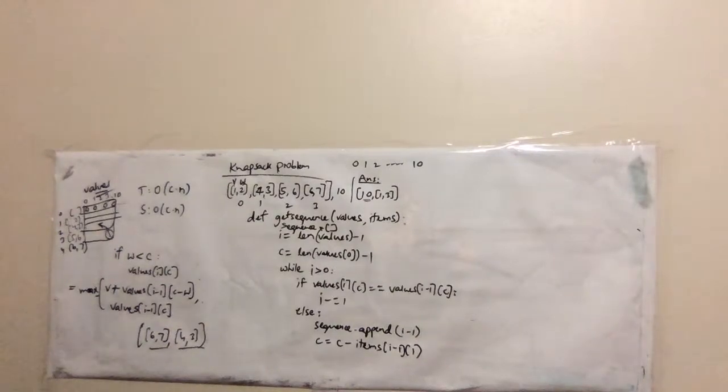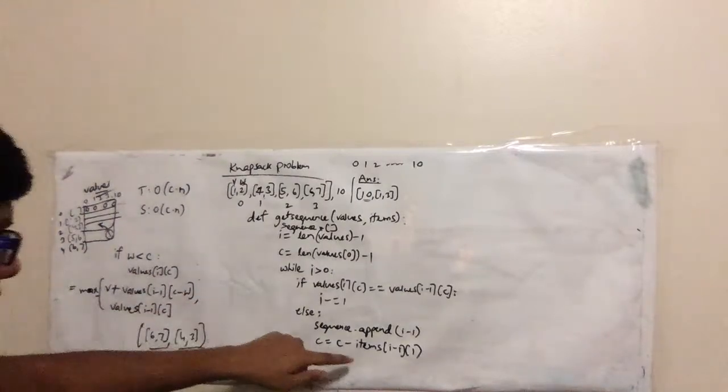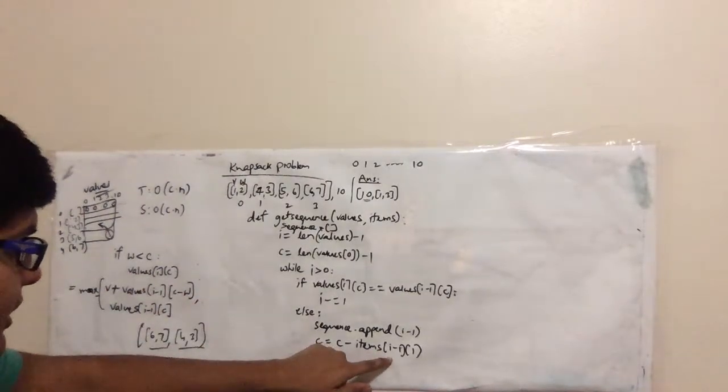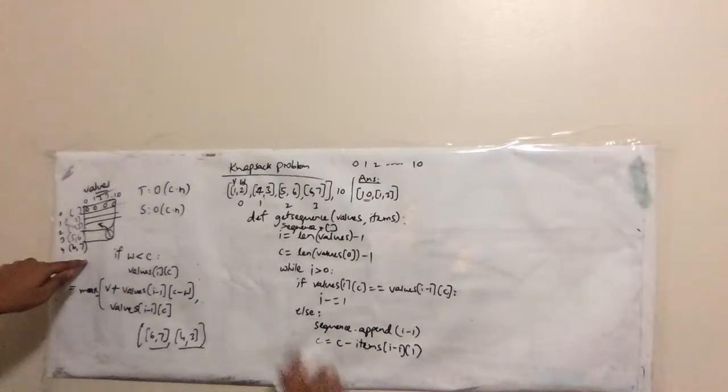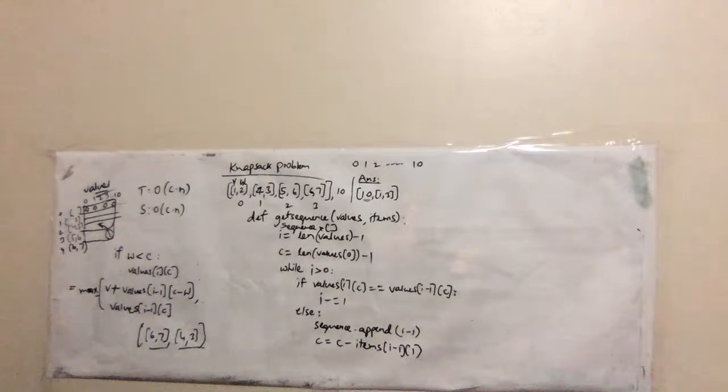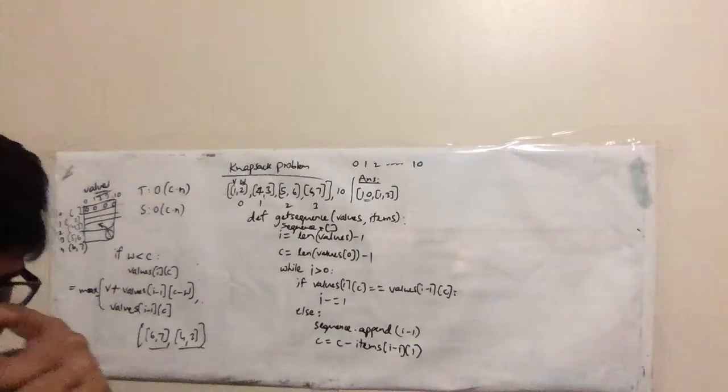Okay, so you understood, right? So items of I minus 1. I just told items of I minus 1. So we need to reduce this value from here.